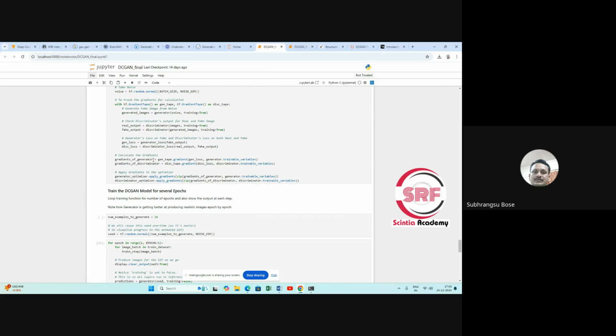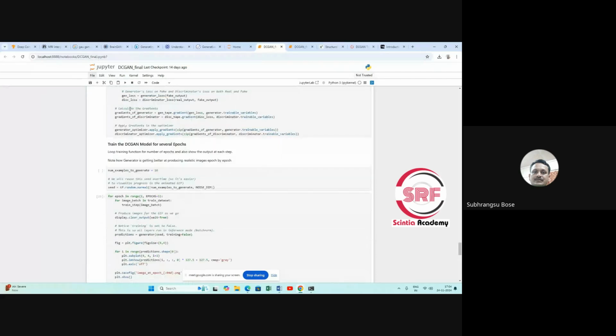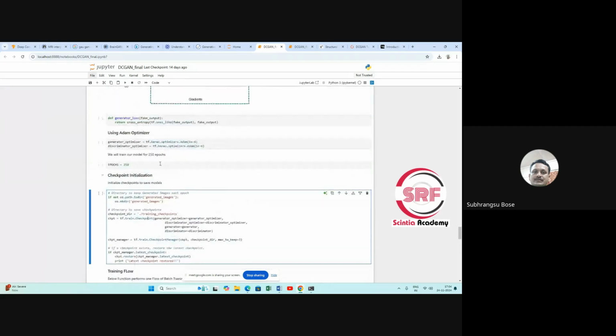This gradient value is important because the gradient value trains the model, the generator model and the discriminator model. The gradient value is back propagated to the generator network and varies the trainable variables and generates a new image. To calculate the gradient and apply the gradient in the optimizer, it is generator optimizer dot apply gradients. What does it mean to apply the gradient in the optimizer? This is from the Adam optimizer.